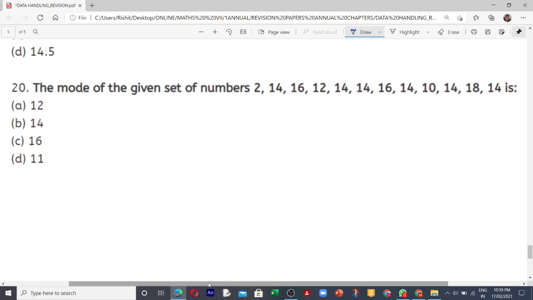What is the mode here? 2, 14, 16, 12, 14, 14, 16, 14, 10, 14, 18, 14. So what is the mode here, children? Mode. Done? It's easy.